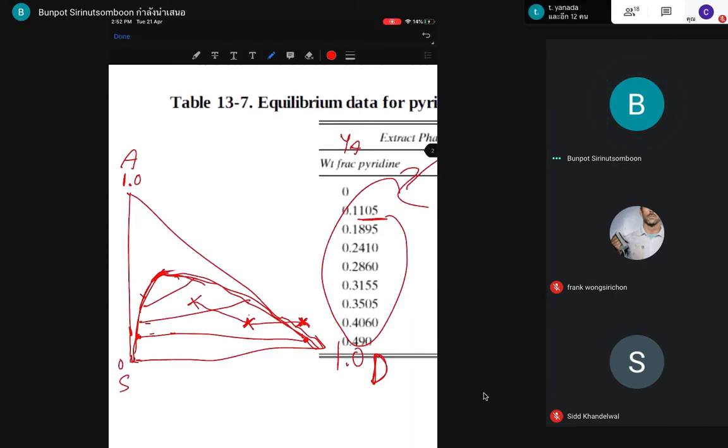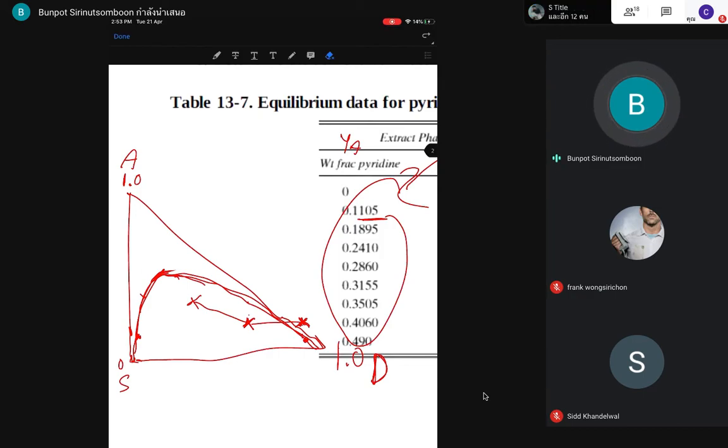This is my conjugate line. Once I have this, I can use it in my analysis to find the number of stages later, and that's what I'm going to show you.